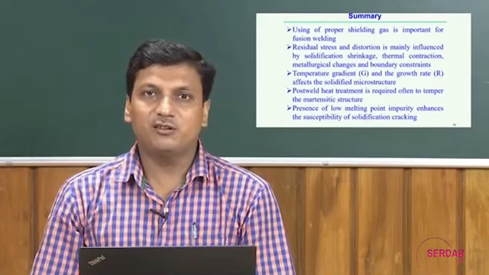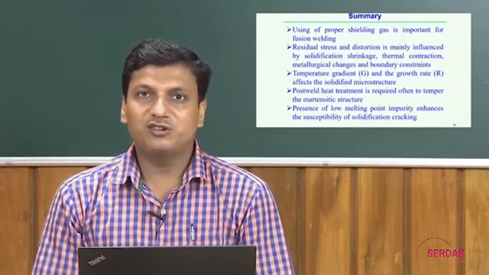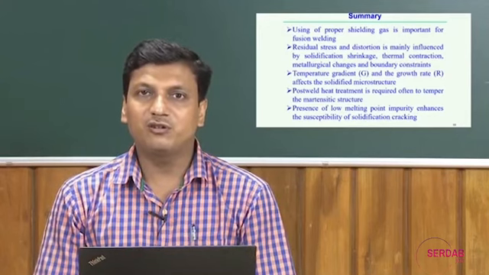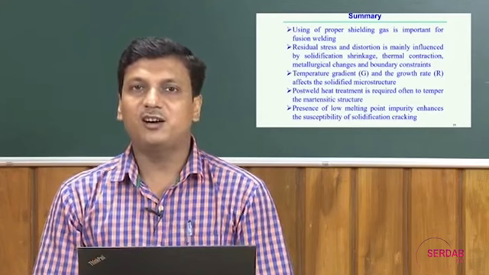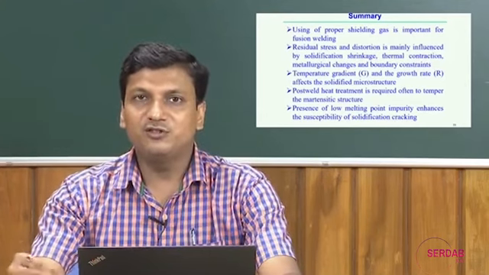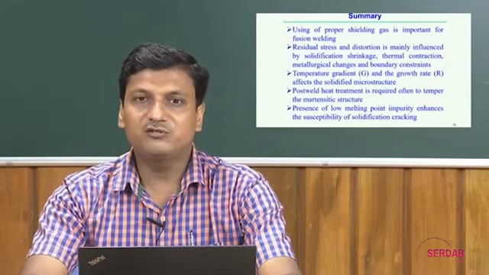Of course, we cannot avoid at least some amount of residual stress and distortion generated in the weld joint, but we can control or minimize the amount of residual stress and distortion if we know which factors are basically responsible for the generation of this distortion and residual stresses in a welded joint.